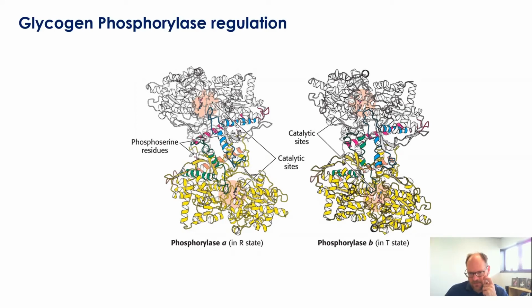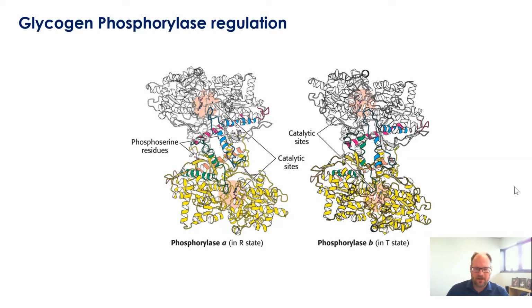Now, this enzyme has two states, a relaxed state and a tense state, so T and R. These are conformational states of the enzyme. Now, it's active in its relaxed state, the R state. R, relax, is active. T state is the inactive form of this enzyme. When you're tense, you can't get anything done. Yeah, so that's the same with the enzyme.